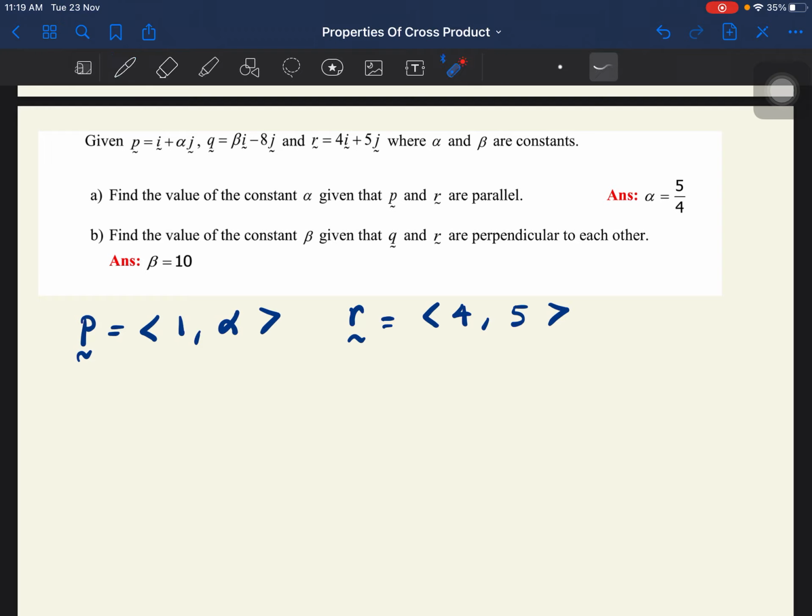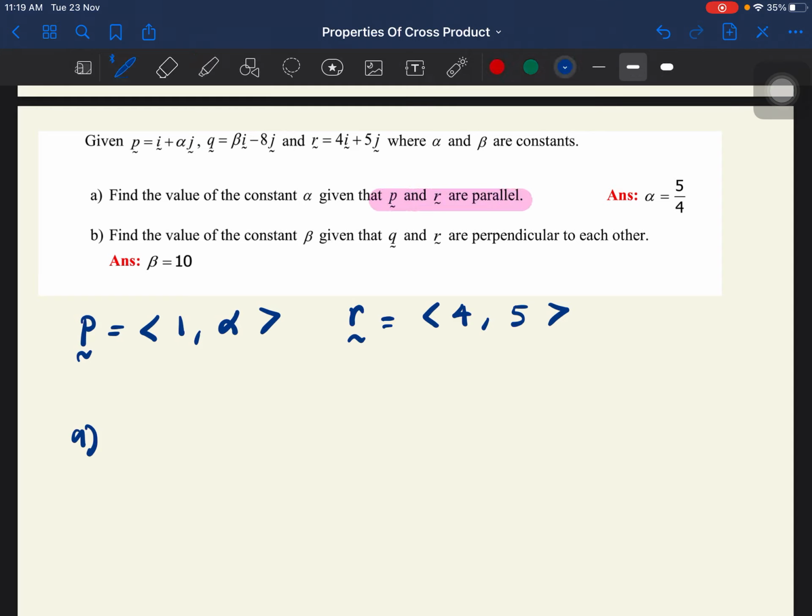So in this problem, we are dealing with 2D vectors, i and j only. The question asks you to find the value of the constant alpha given that P and R are parallel.